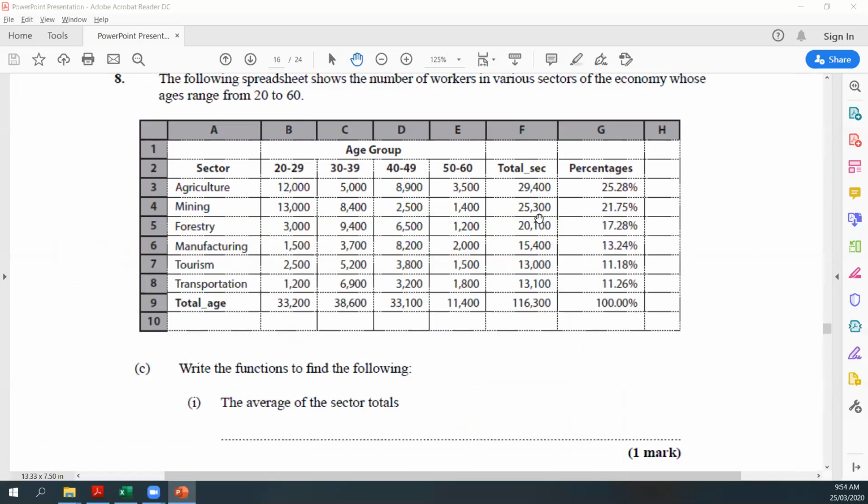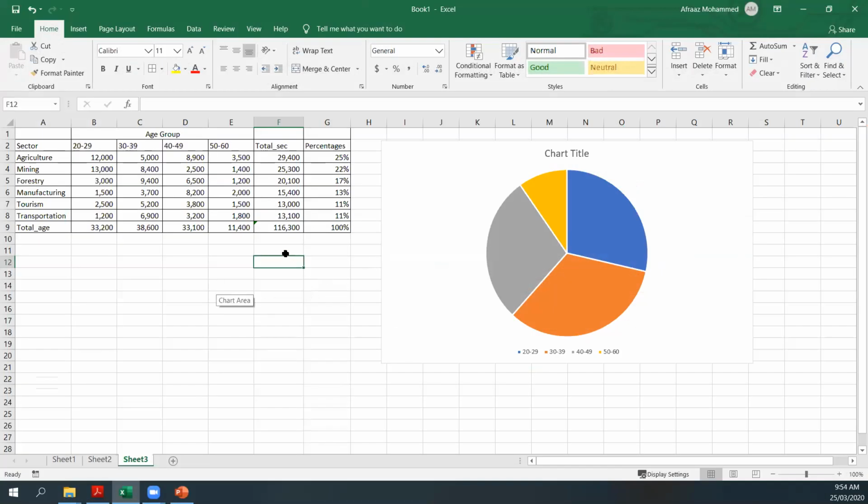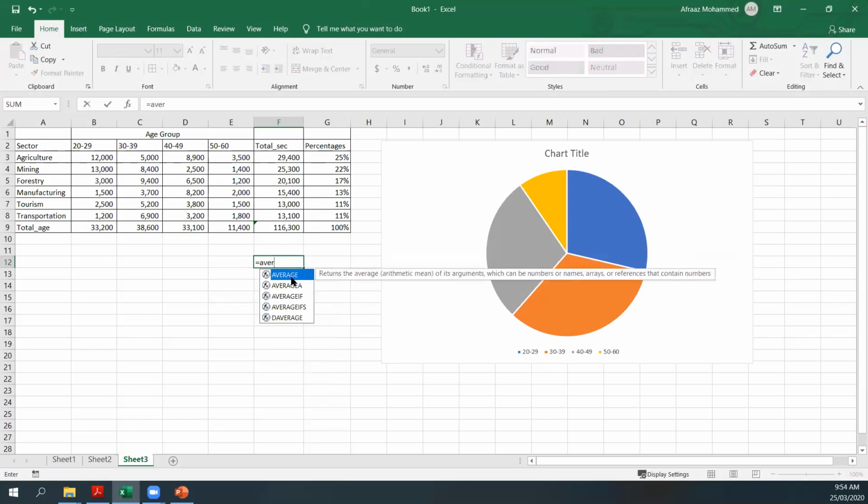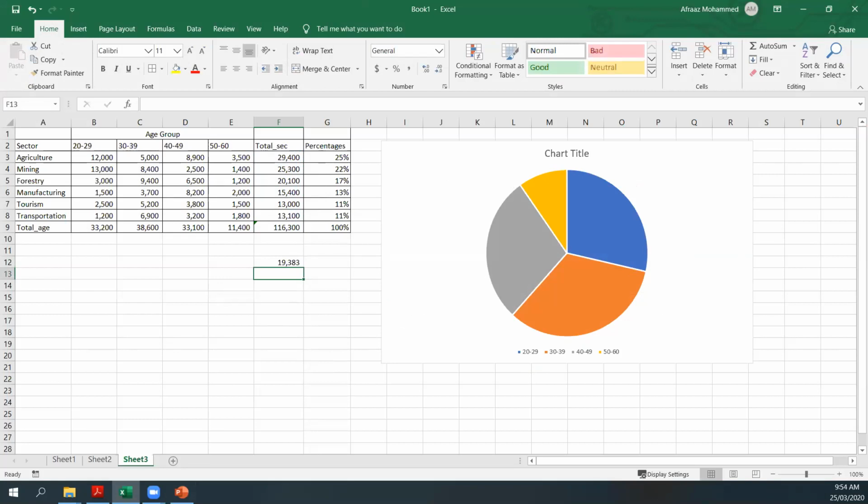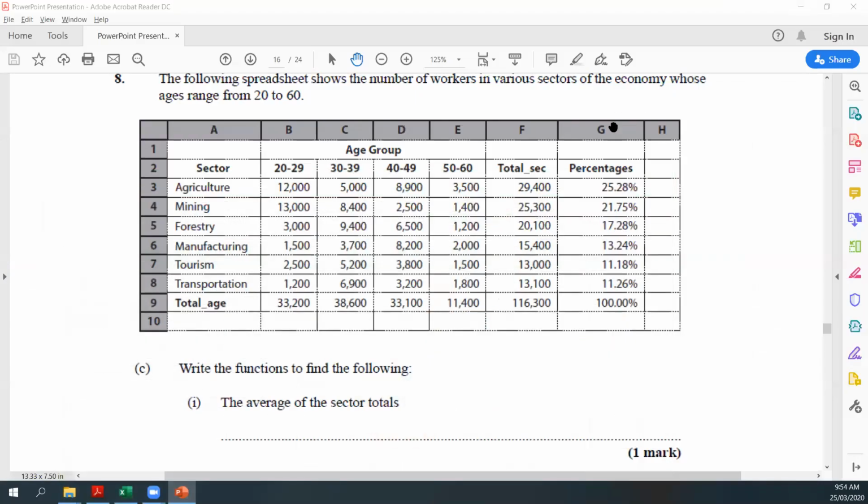So the sector totals are between F3 and F8. So the formula we're going to use, and we're going to put this in, let's say, cell F11, equal, right? So you have to spell the whole word, average, and then the cells, and you get the average, right? Yes, so that's equal average F3 to F8. That's the answer for the first part of the question.